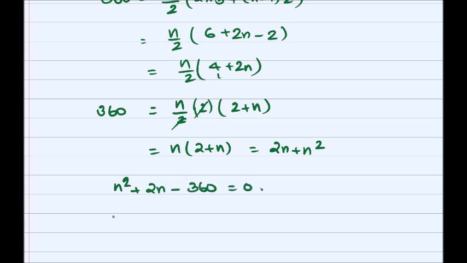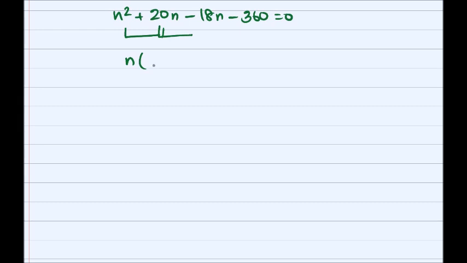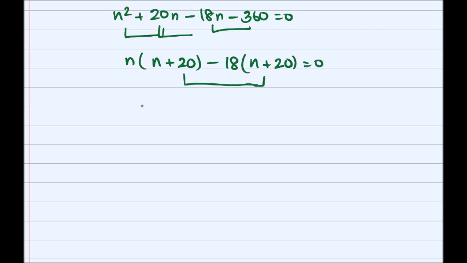Factorizing this, we get n square plus 20n minus 18n minus 360 is equal to 0. n is common, then n plus 20 is common from these two terms, minus 18. So n minus 18 into n plus 20 is equal to 0.